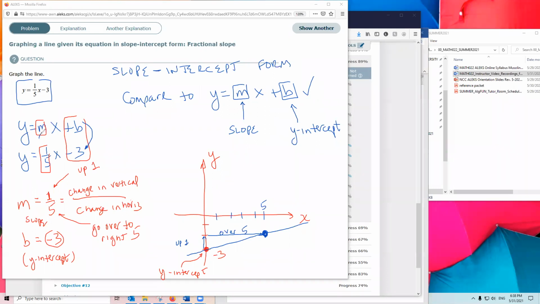You'll be able to match up m, in our example 1/5. Well, b is the y-intercept, so you can immediately go put a dot on the y-axis at -3. Then the slope tells you the vertical distance and the horizontal distance to move from that y-intercept. So this one is telling us go up 1, and over to the right 5.